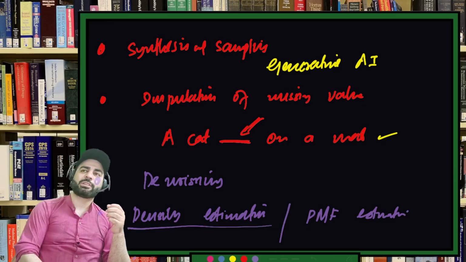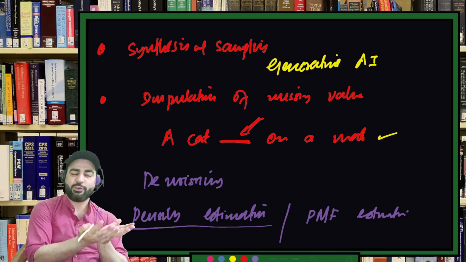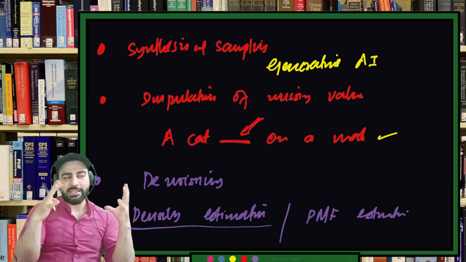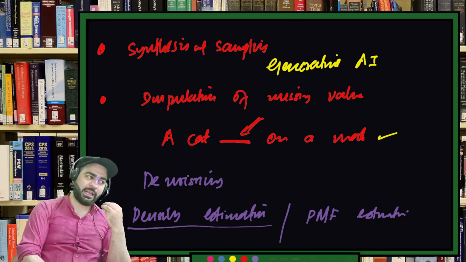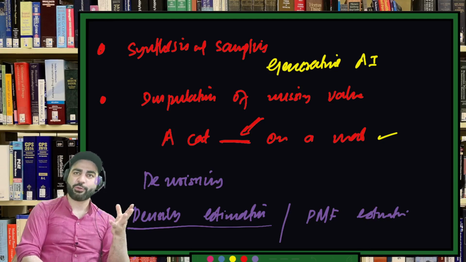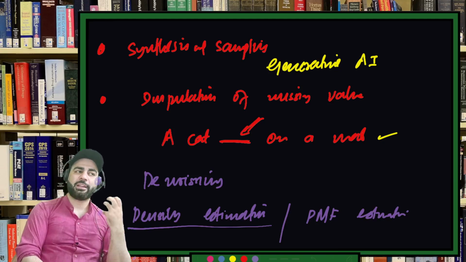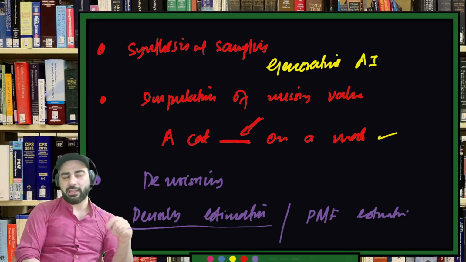Let's suppose you have a probability distribution, and you think that these samples come from this distribution. So you try to estimate the density as a whole. It can be done in images, it can be done in generation of audio, because if you know that these images come from a particular distribution, you can estimate the density, and from the density you can come up with new samples.